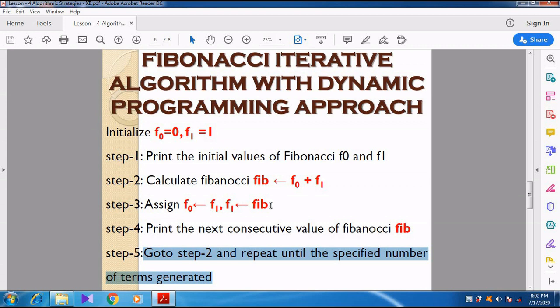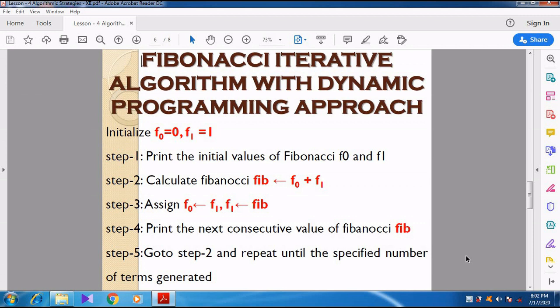So 1 plus 1 becomes 2, and we print 2. Then f of 1 contains 1 and Fibonacci contains 2, so changing the place, 1 is stored to f of 0 and 2 is stored to f of 1. Again addition, 1 plus 2 becomes 3. Like that it goes on up to n terms.